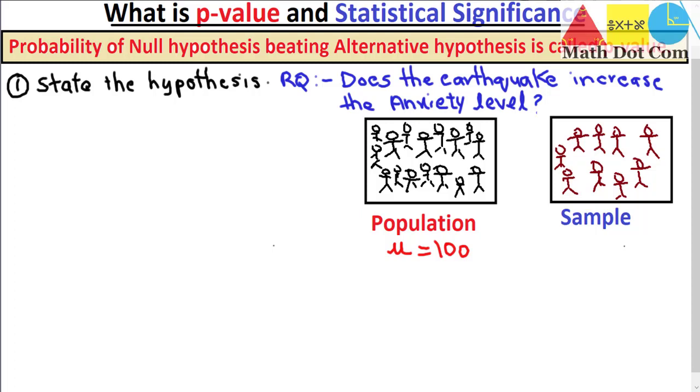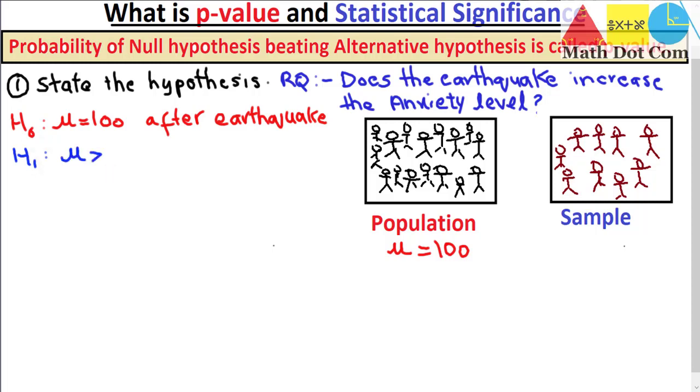For that purpose, we will have to state the hypotheses, the null as well as the alternate hypothesis. The null hypothesis is stated as H naught equals 100 even after the earthquake, which shows that there is no effect of the earthquake on the mean anxiety level. While the alternate hypothesis, we try to prove that the mean anxiety level will be greater than 100 after the earthquake.